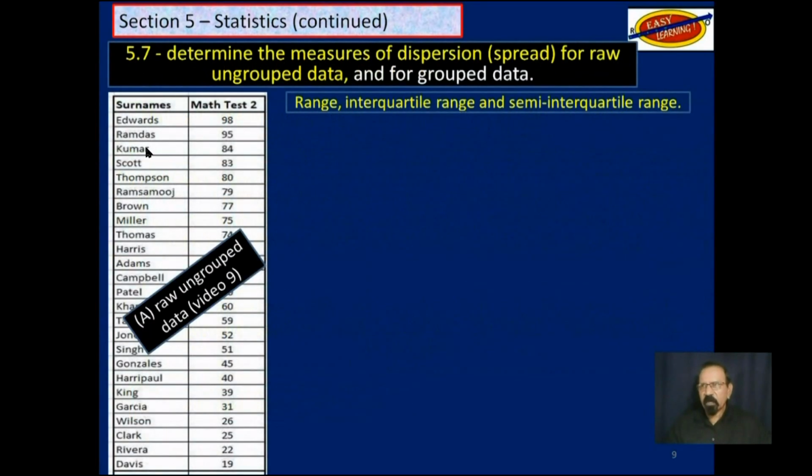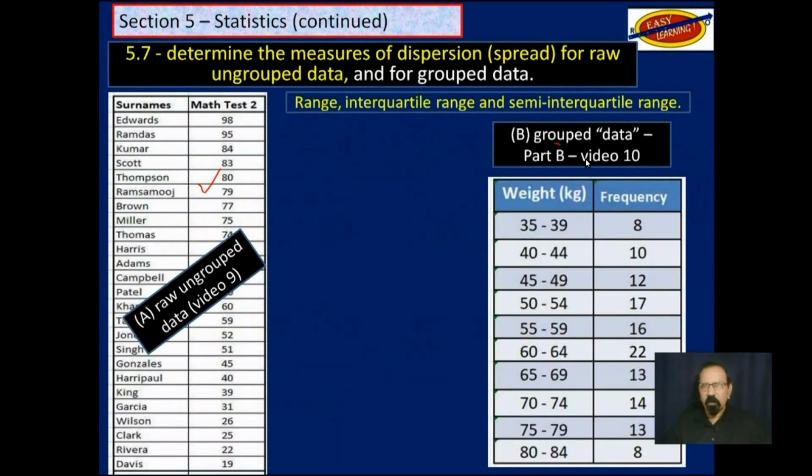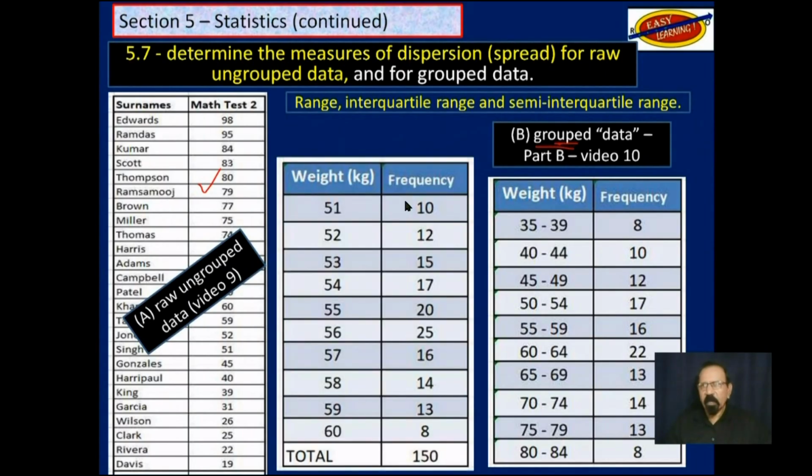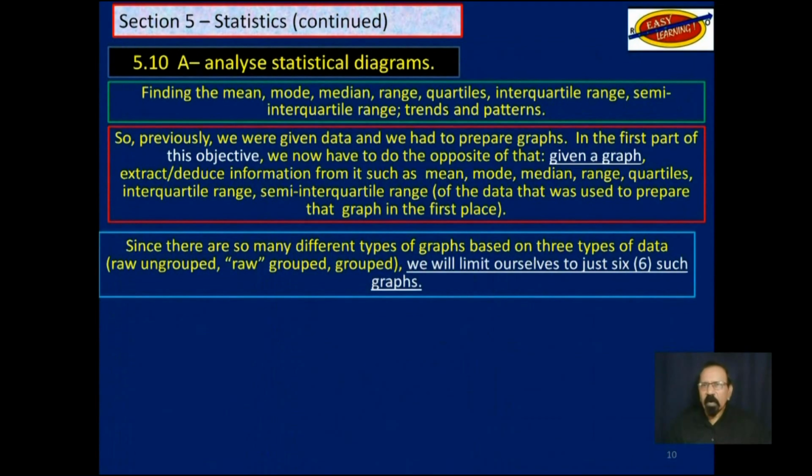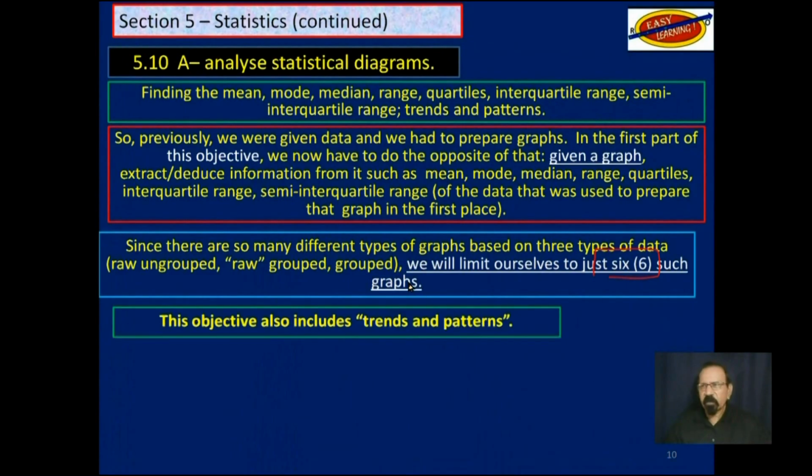Recall this when we said raw, ungrouped, over here, totally grouped, and then this one in the middle here, which is ungrouped, but is not totally raw. So ungrouped, but not raw. So we will look at 2 examples of that, 2 examples of this, and 2 examples of this in this video and the next one. As I said, we will limit ourselves to just 6 such graphs.